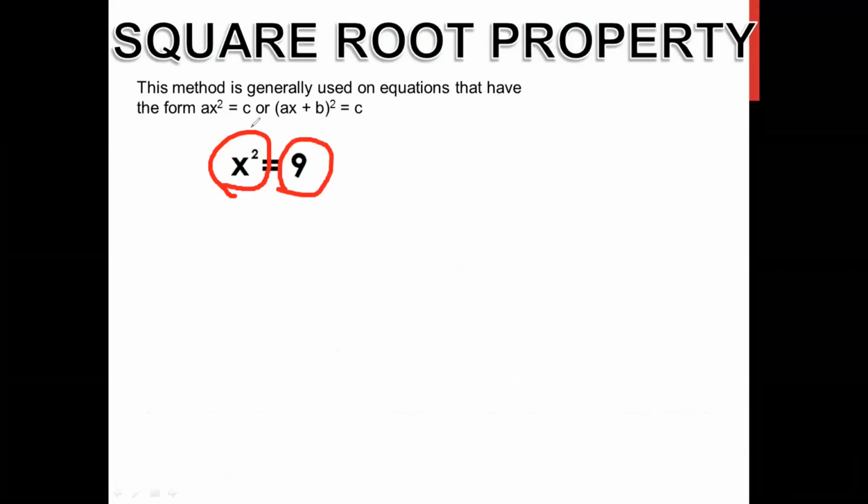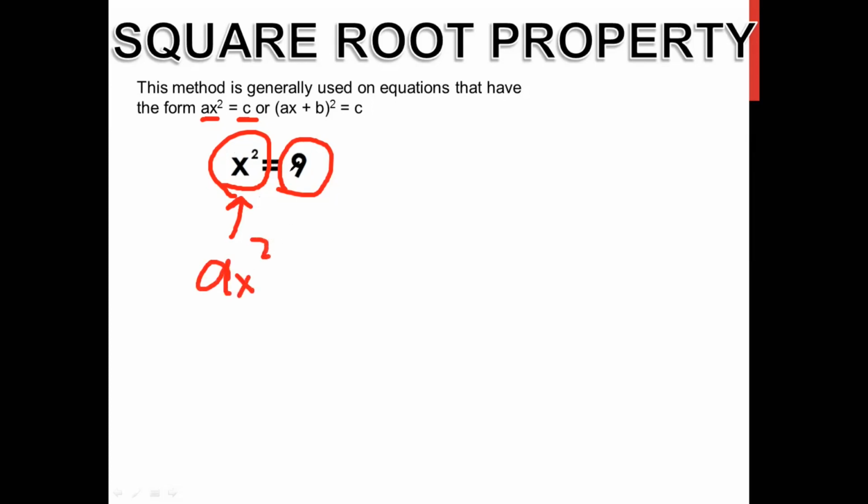Based on the square root property, it should be ax squared equal to a constant. Look at our first term, x squared, which is already in ax squared form. Then on the right side is our constant, 9. So there's nothing to change in this equation. It is already in the form ax squared is equal to c.